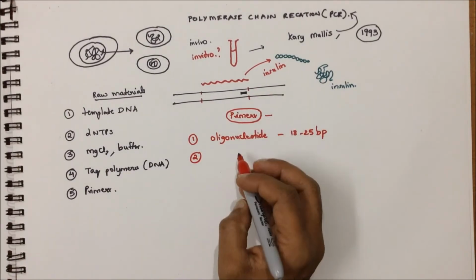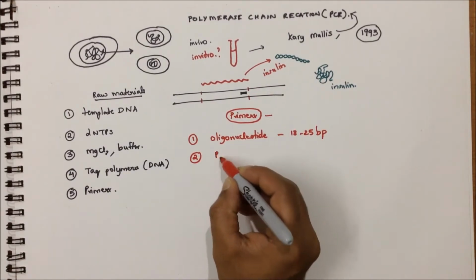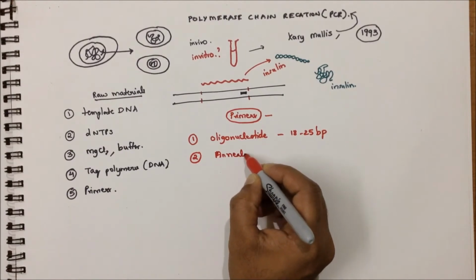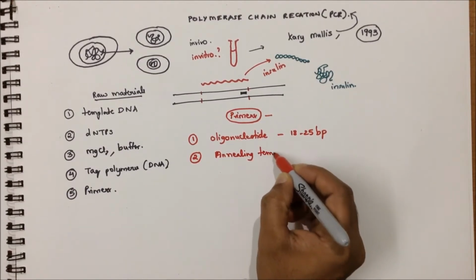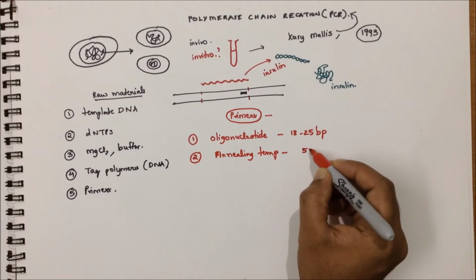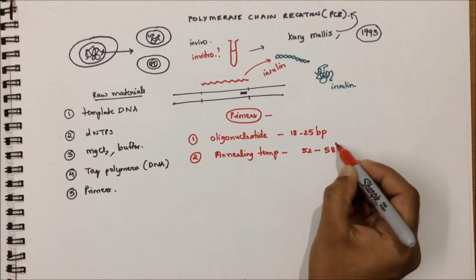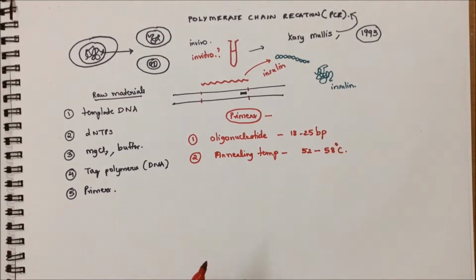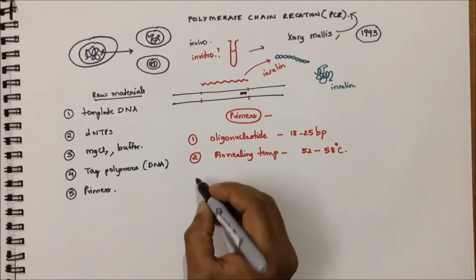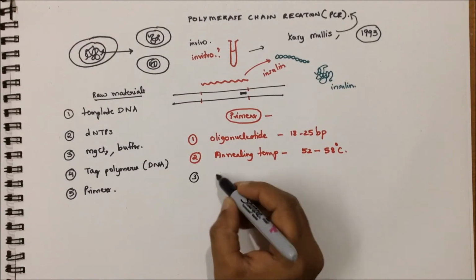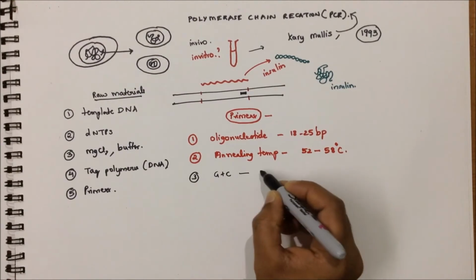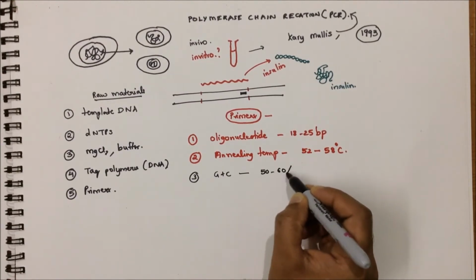And next, it should have an annealing temperature, right? Annealing temperature in the sense that the primer needs to go and bind to its complementary strand, where it gets annealed, and that should be around this condition. And this again varies for different reactions. It depends on the primer also. And the G plus C content should be 50 to 60%.